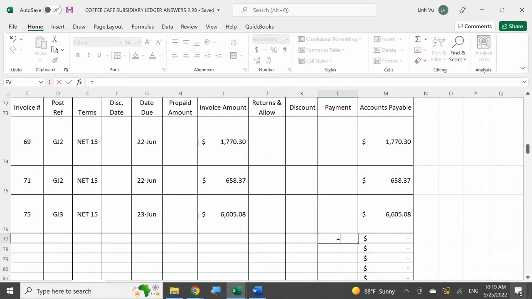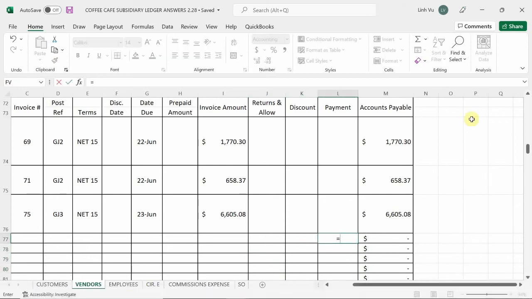So we add 1,770.30 with 658.37. We got 2,428.67. Okay, good. So 2,428.67 is what I owe.